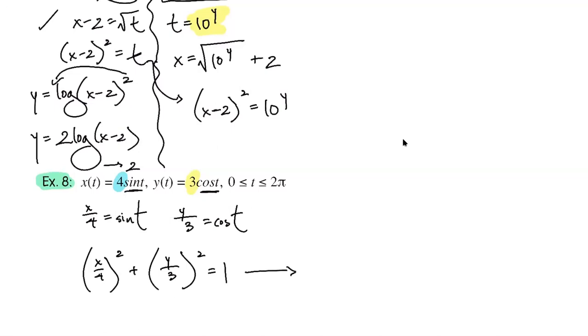And to further convince ourselves that we definitely have an ellipse, x squared over 16 means I'm going to go side to side 4 in the x direction, plus y squared over 9 means I go up and down 3 from the center of (0, 0), and that equals 1.